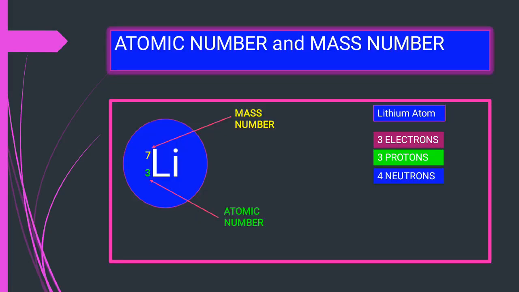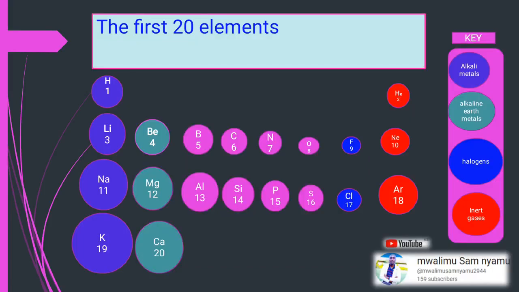And let us now look at the atomic number and the atomic mass, or the mass number. Like we mentioned in our previous slide, an element like lithium, for example, this is lithium.